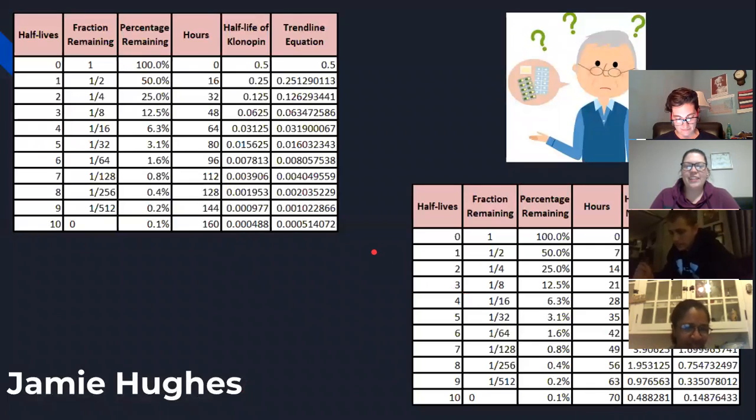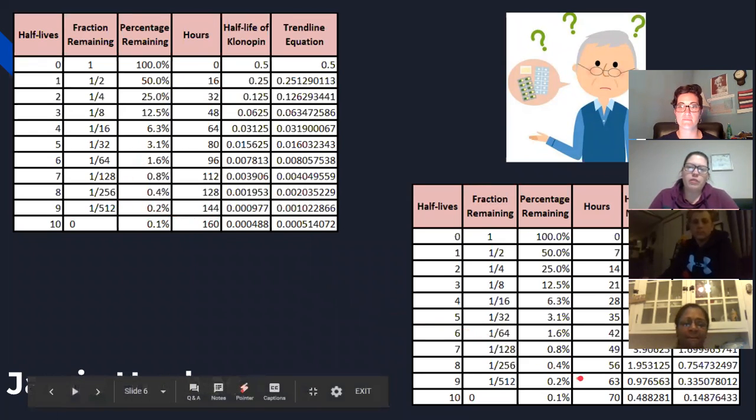Jamie, can you explain why it's important to know the half-life of medication? Yes. It's very important because each medication has a different half-life. For example, Klonopin takes 160 hours to be completely out of your system compared to naproxen, which takes 70 hours.